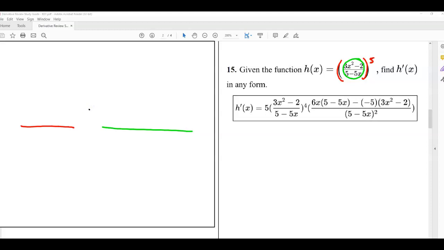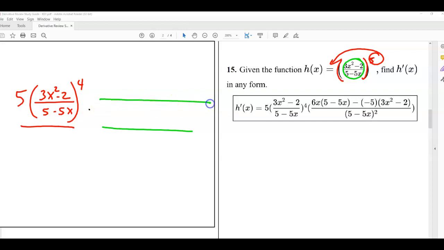Okay. So for the outside, taking the 5 and multiplying it to the front, and taking 1 off the power, leaving the inside the same, we have this. And then the derivative of the inside there, like I said, is going to require the quotient rule.